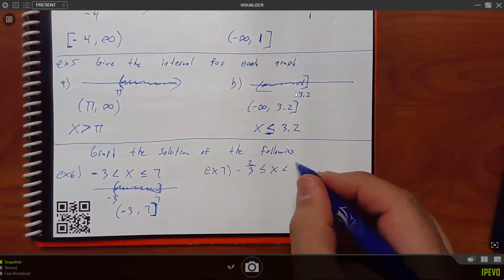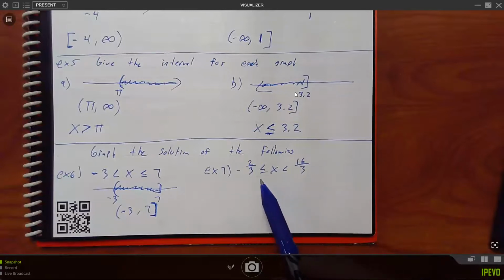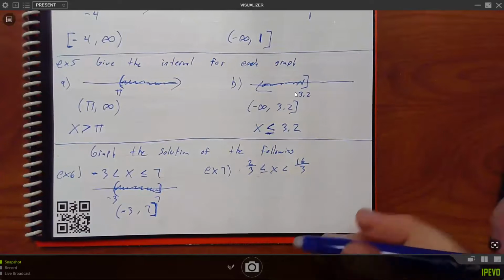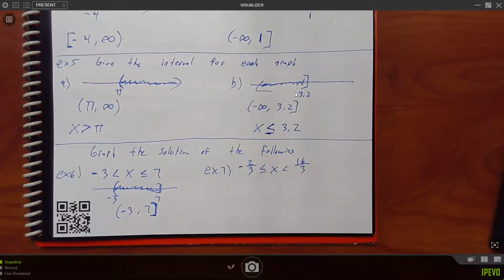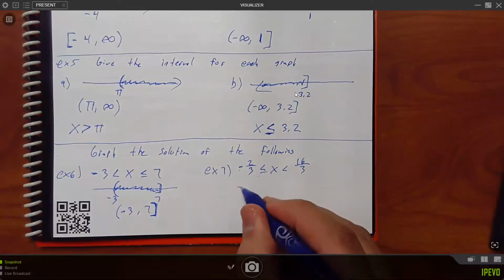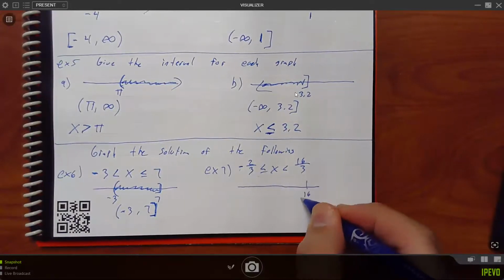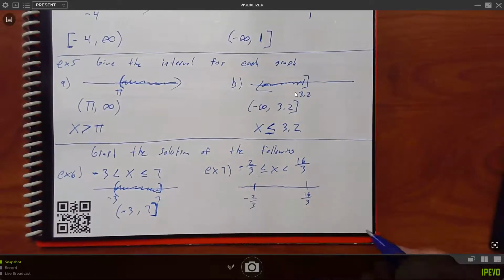So again, same thing. x is between these two weirdo numbers, -2/3 and 16/3. So the number line would just have those two endpoints, right? Somewhere over here is the bigger one. Somewhere over here is the smaller one. All we have to decide is, do we put a bracket or a parentheses?